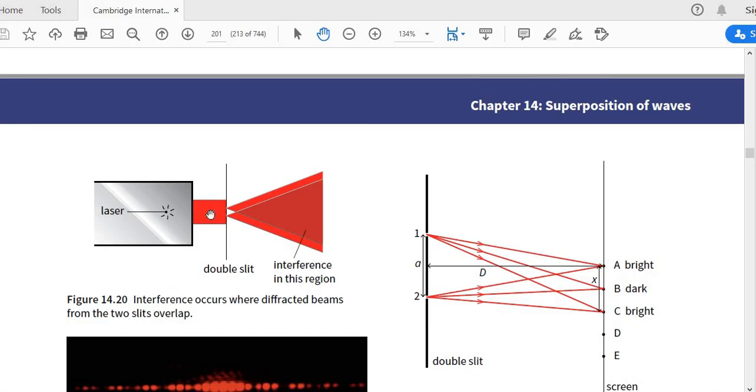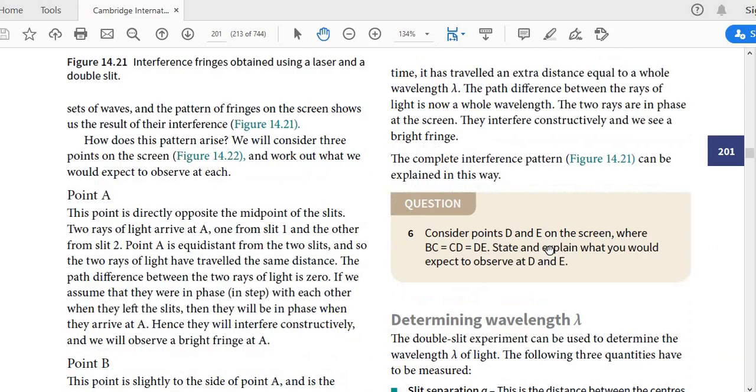Because we want interference, we have to send it through the gap. Or if you have two coherent sources like this, then you can get interference. It has to be coherent. Actually, this is the only source, but when it's coming from here, we can think of this as two separate sources coming from this slit, and then you get the interference pattern.